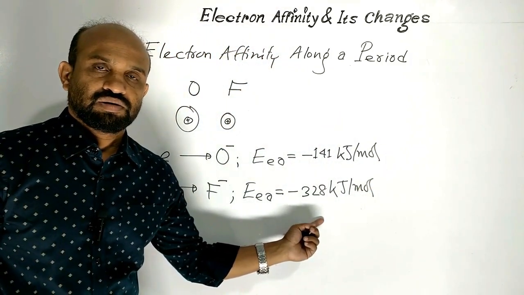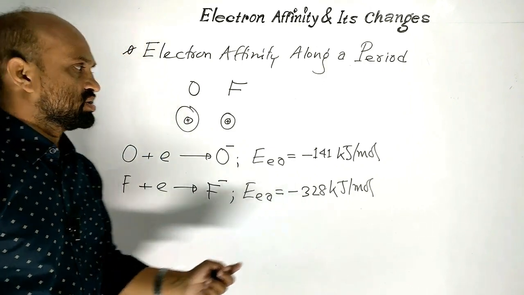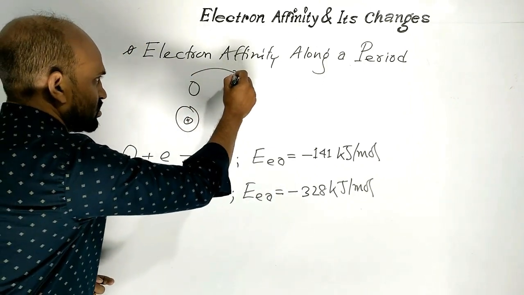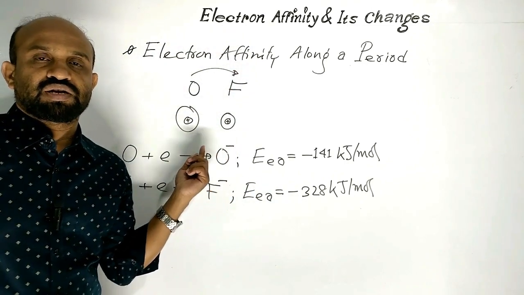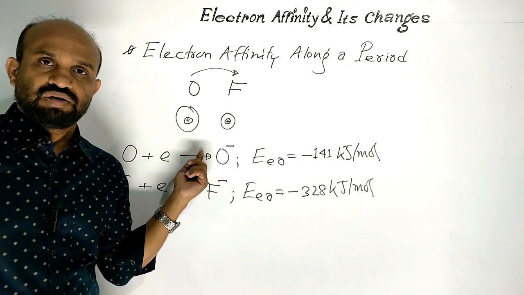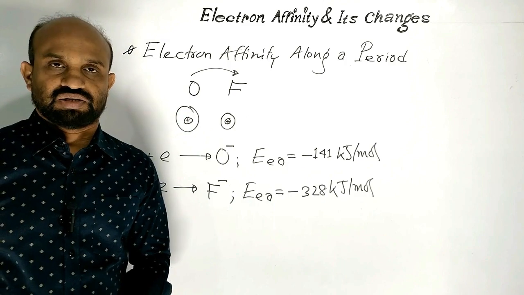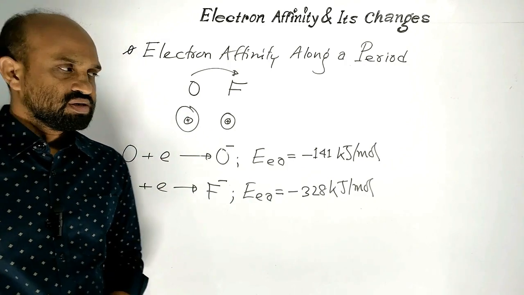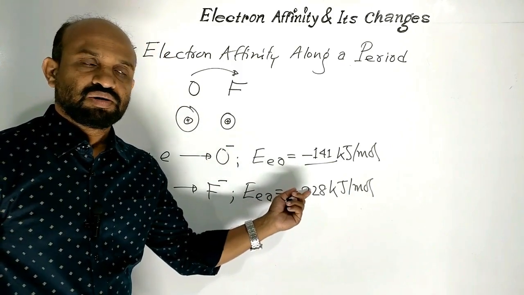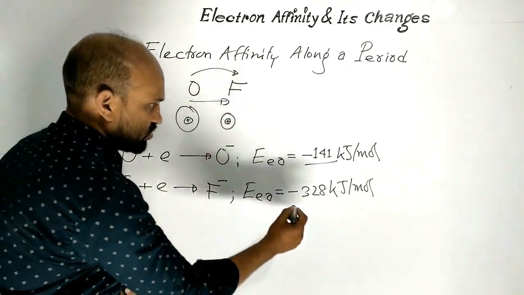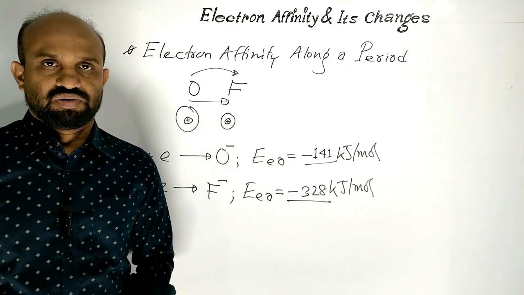That is, the electron affinity of fluorine is higher than oxygen because the atomic size of fluorine is smaller than oxygen. That is why the electron affinity of fluorine is higher than oxygen. For oxygen, this is 141 kilojoule per mole, but for fluorine, this is 328 kilojoule per mole.